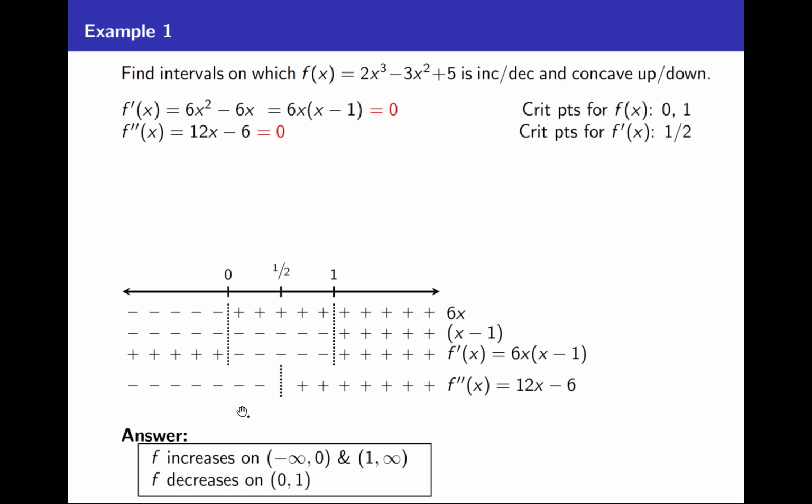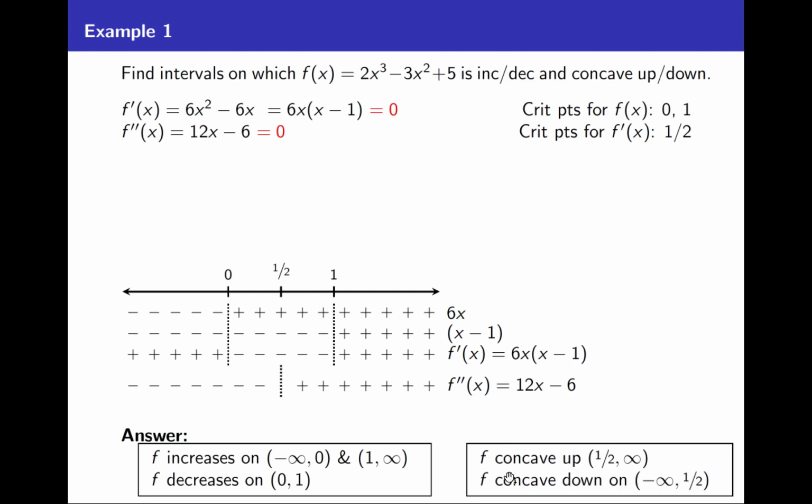So that's where the function f, the original function, is concave down. Summarizing, f is concave up on the interval from 1/2 to infinity, and f is concave down on the interval from negative infinity to 1/2. And that answers our questions. We found out the increase-decrease of this function and also its concavity.